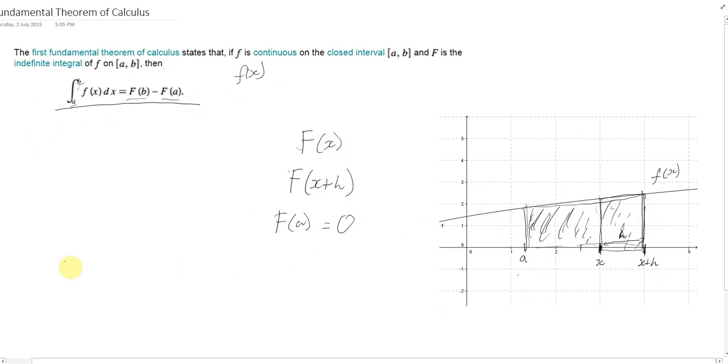In other words, the area of this little slivery bit is equal to the area of the big bit, big F of X plus H, take away big F of X. So just to say that one more time, it's the area of this whole section, take away the area of this little bit, which gives this sliver.